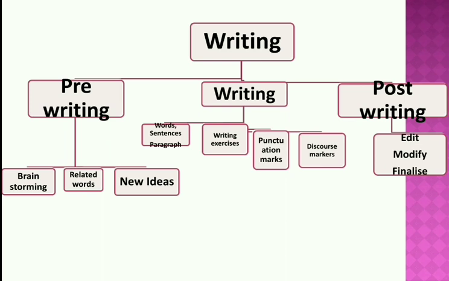Various writing exercises are practiced to develop the writing skill, like fill in the blanks, match the pairs, etc. Then the punctuation marks are considered and discourse markers are used in the write up. Then at last the post-writing stage comes where the writer, that means the students, edit their write up, modify and finalize it.